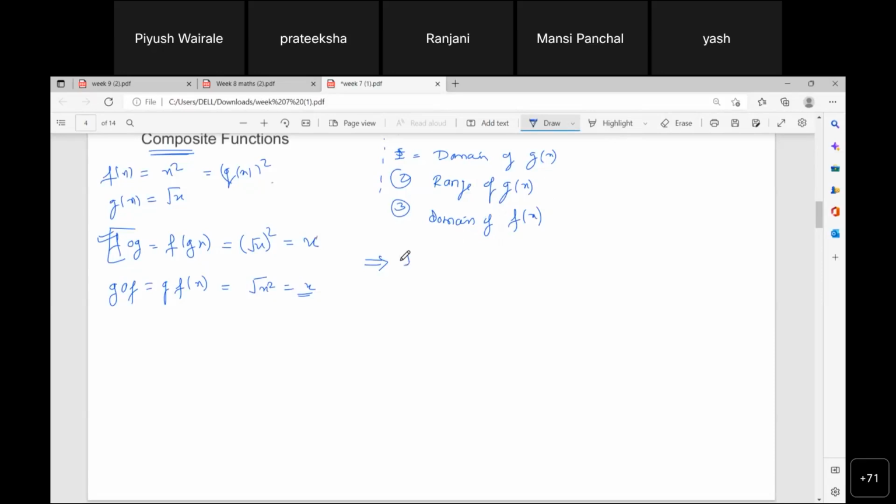If the range of g of x is a subset of the domain of f, then the domain of fog of x will be equal to the domain of g of x, right?